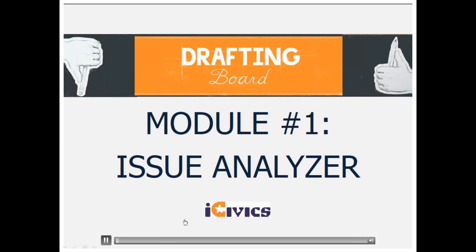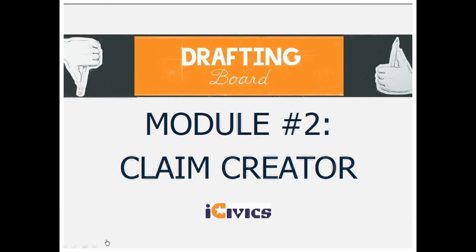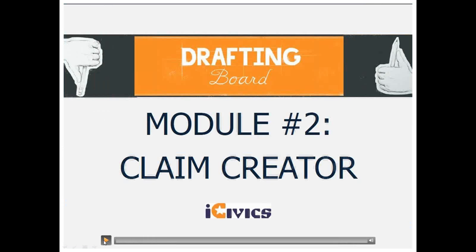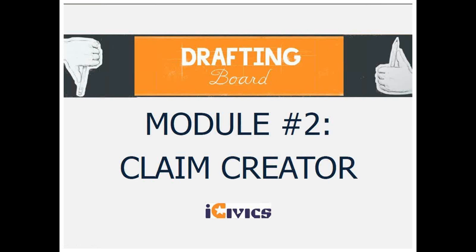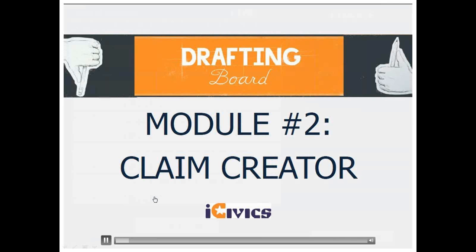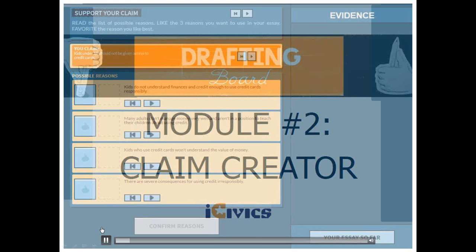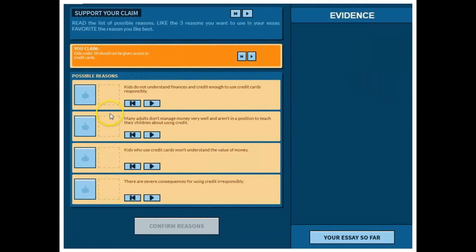And now we're going to look at the next module, which is called the claim creator. In the claim creator, you start by choosing 3 reasons to support your claim.